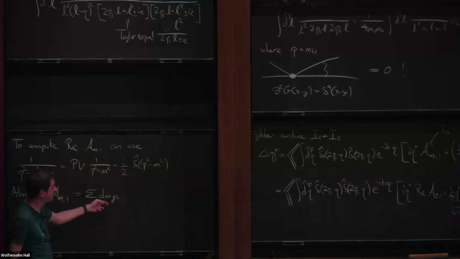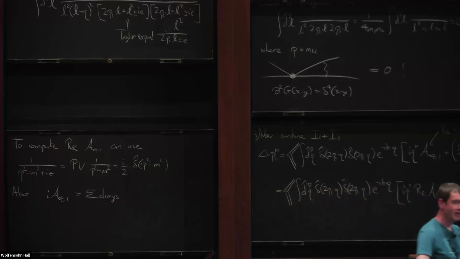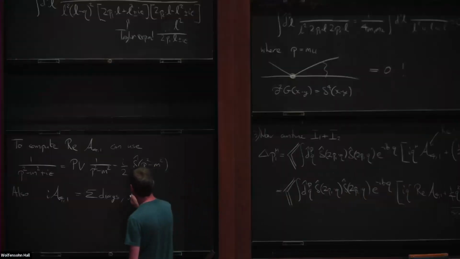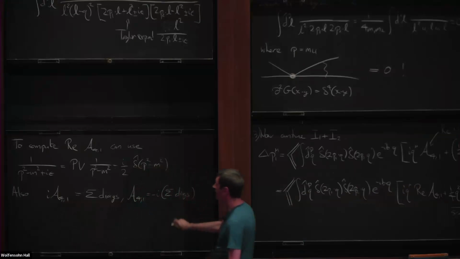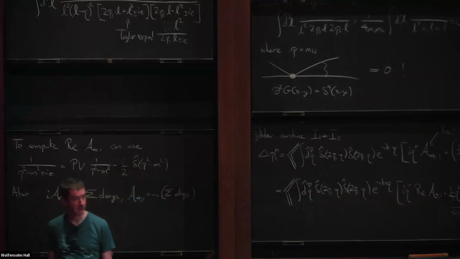Yeah, and if you look into that sum at one loop, there's various factors of I in Feynman rules. They all go away. The only I's that are left are in the propagator denominators. So A41 is minus I sum of diagrams. So the only I's in the sum of diagrams is in the propagators, right?